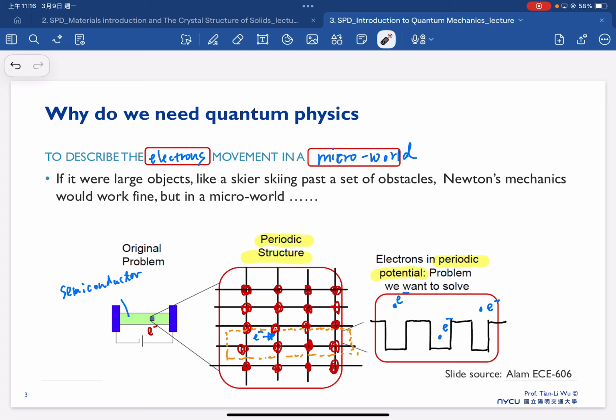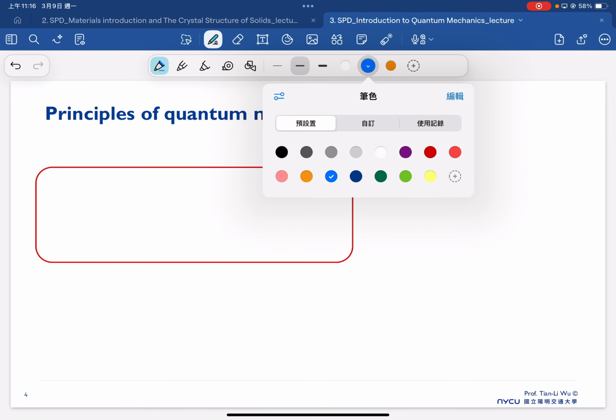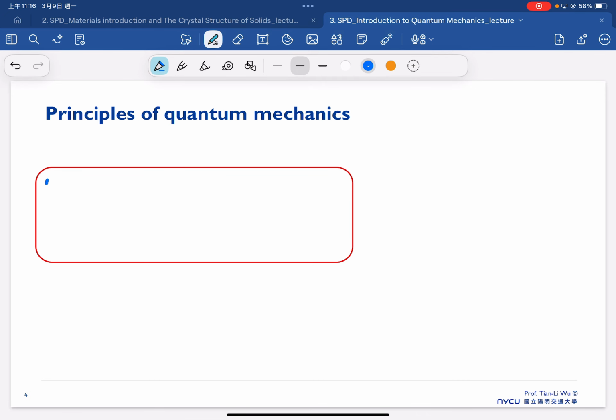Okay, so now we start to briefly mention the general principles we need for quantum mechanics. The first one is the principle for the energy quantum. The second one is the wave-particle duality principle.